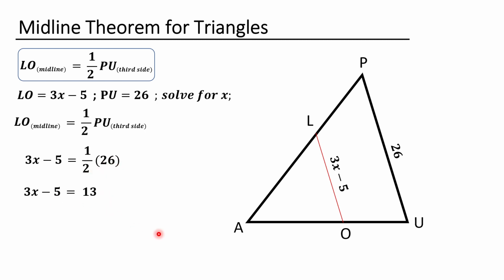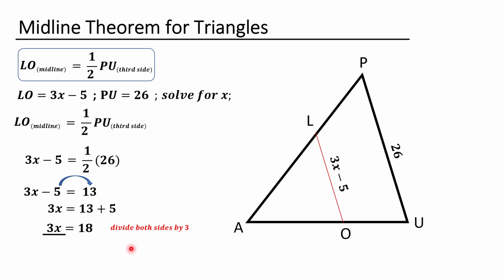That is 13. So, transpose 5. It becomes 3x is equal to 13 plus 5. From negative, it became positive. So, 13 plus 5, that is 3x is equal to 18. Okay? Now, let's solve for x. So, we divide both sides by 3.